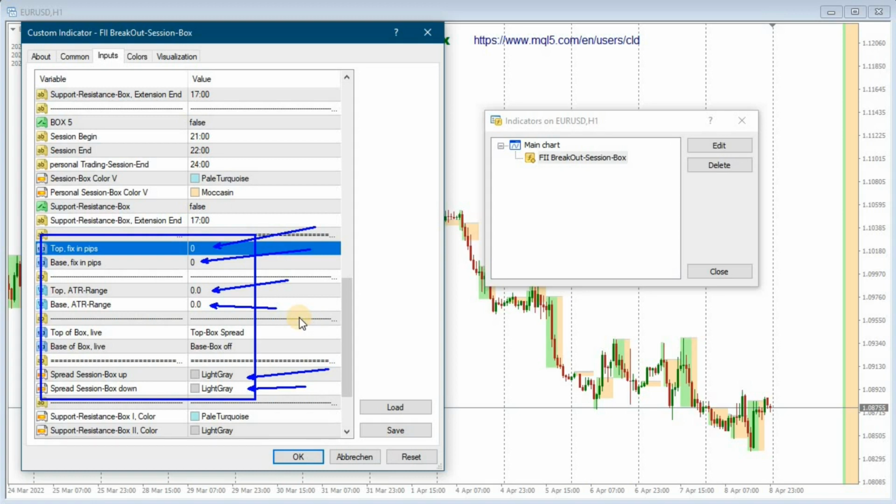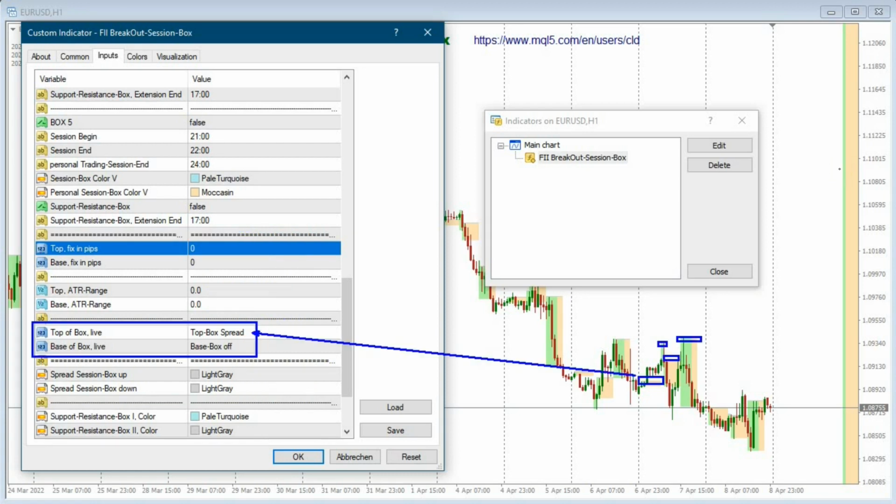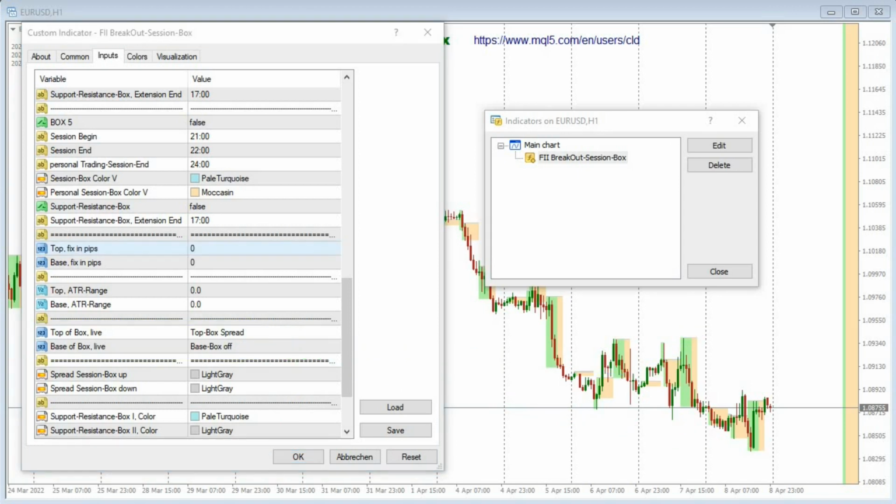I recommend leaving the setting in the default settings. Above and below the boxes are these spread boxes, which always show the current spread of the broker. These boxes can fluctuate very strongly during news activities, and at the change of day.